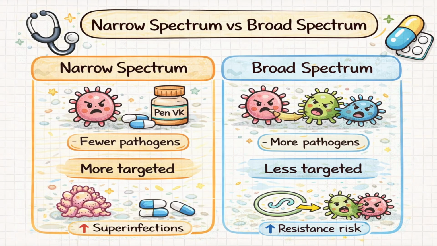Narrow spectrum penicillins target fewer organisms and are more precise, while broad spectrum penicillins cover a wider range of bacteria but increase the risk of superinfections and antibiotic resistance. So, whenever possible, clinicians aim to use the narrowest effective antibiotic.